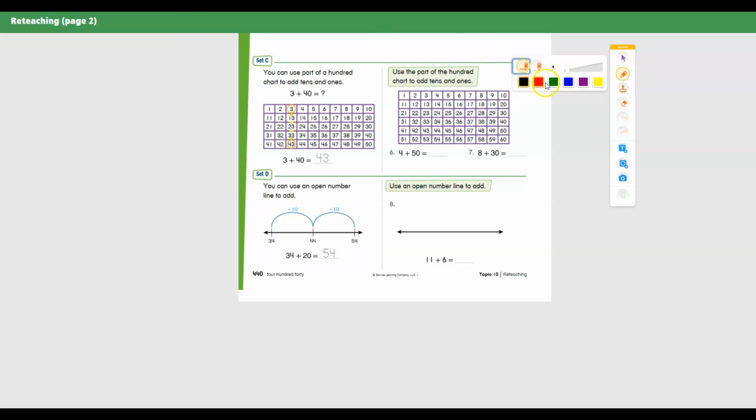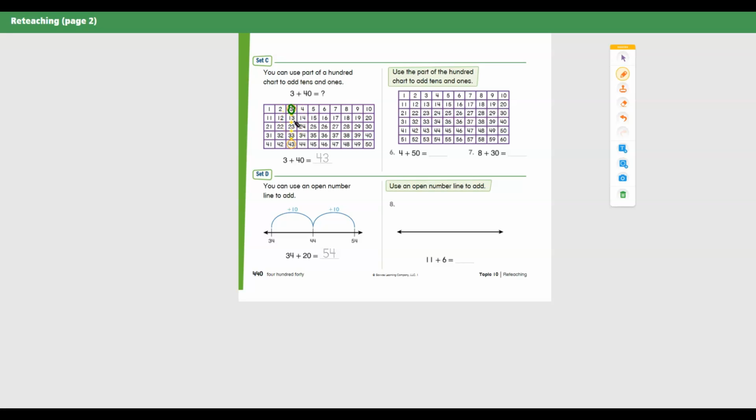Set C says you can use part of a 100 chart to add tens and ones. Here we have the equation 3 plus 40 equals question mark. Here we have part of a 100s chart. They began with the number 3 and then counted by tens to add 40.